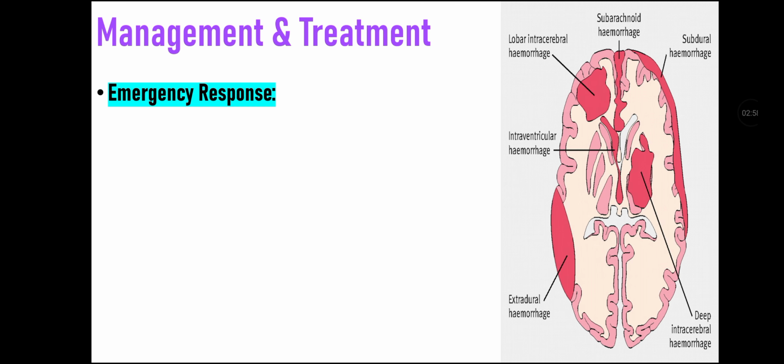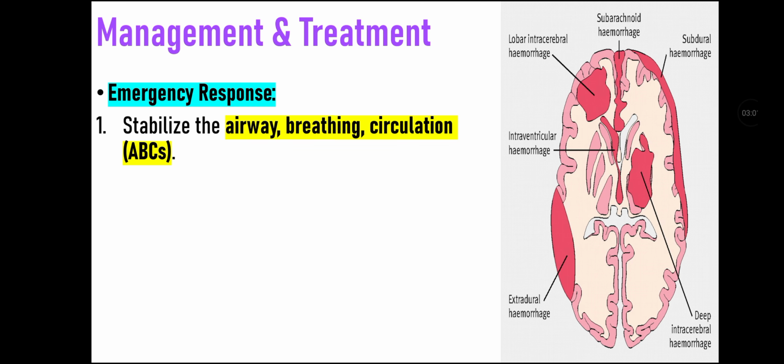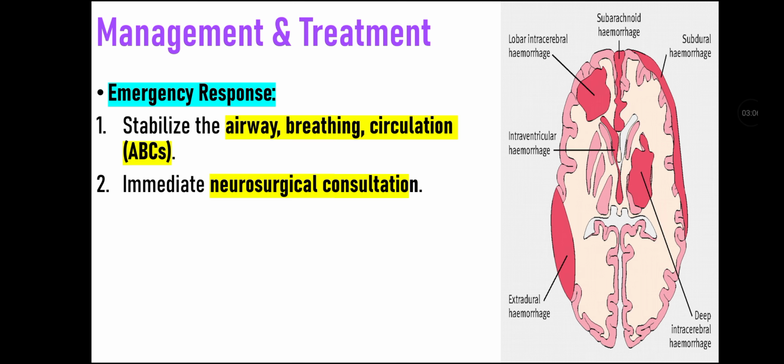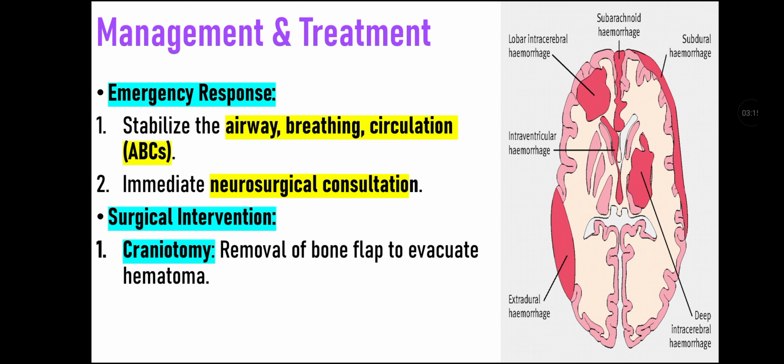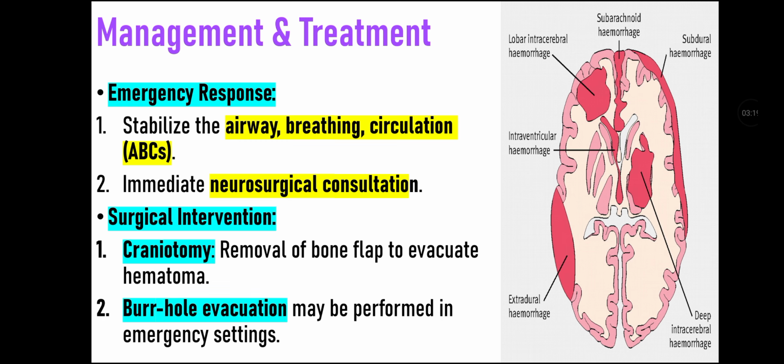Management and treatment. Emergency response is to stabilize the airway, breathing, and circulation, that are all called the ABCs of life. Then immediate neurosurgical consultation is done. Surgical intervention is the second step, which includes craniotomy, that is removal of a bone flap to evacuate the hematoma.